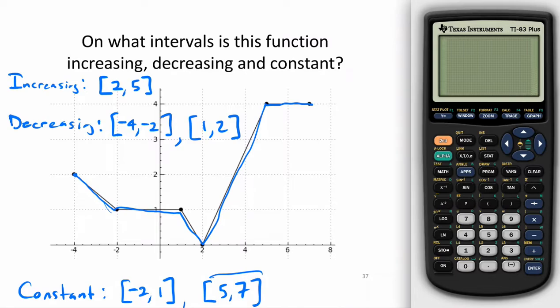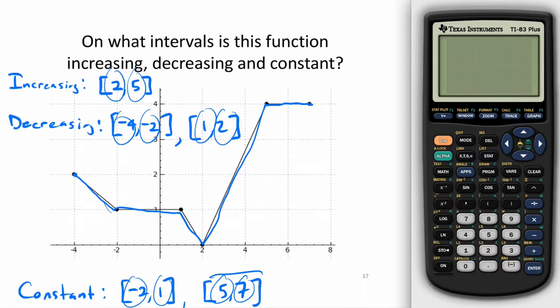Starting from left to right, the function's decreasing from -4 to -2, then it's constant from -2 to 1, then decreasing from 1 to 2, then increasing from 2 to 5, and then constant on the interval from 5 to 7.